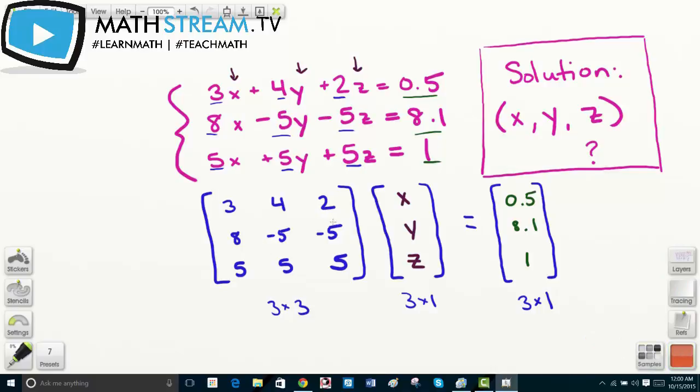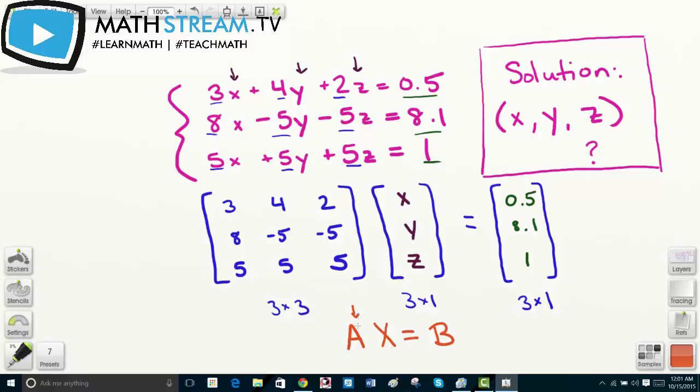Because what we've just created is a matrix equation just like we had in the last section. We have a 3 by 3 matrix that we'll call A. We have a variable matrix, we'll call that x, equals a constant matrix that we'll call B. Now I showed you in lesson 6, the last lesson, how to solve matrix equations like this using your calculator.